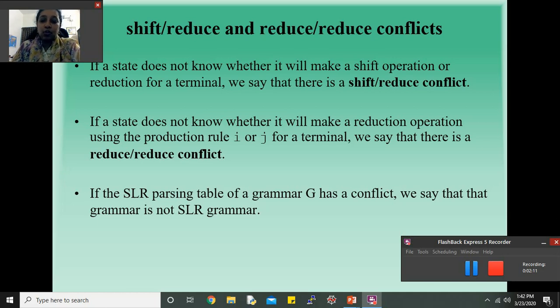And then there is one more conflict, which we call the reduce-reduce conflict. Even in the stack content, we are able to identify two different substrings which can be reduced at a particular point of time. Which one are we supposed to reduce is again a question. If these two conflicts are there in an SLR parsing table, the parsing of a given string or the parsing of a program or code snippet is going to be tedious, and therefore we go for powerful LR parsers.